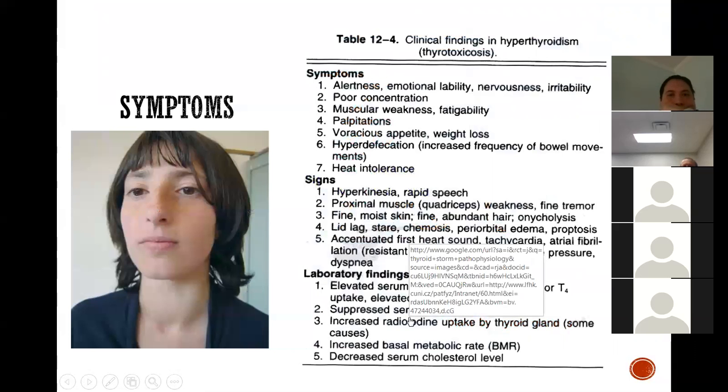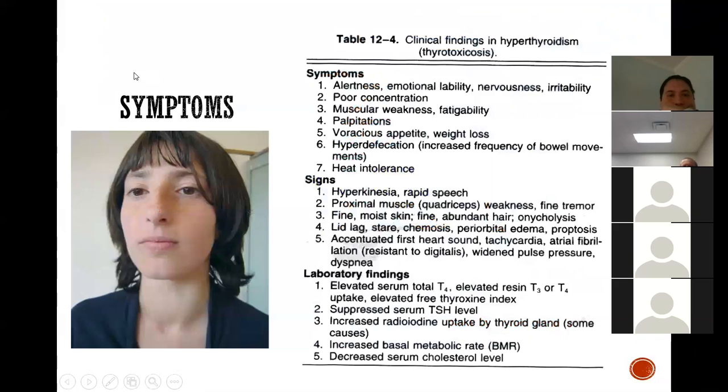So this is a nice slide that goes through all of the symptoms that people have, of which she basically had all of them. She was very emotionally labile. She was very nervous. They did describe poor school performance over the last couple months after previously being an A student. She also had weakness in her muscles.